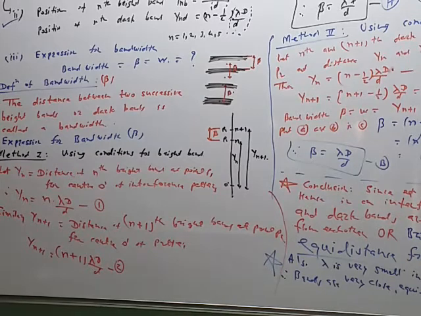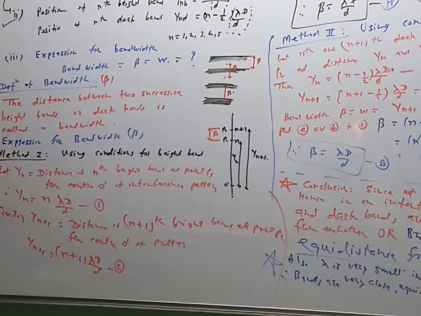Bandwidth is the distance between two successive bright bands n and n plus 1.